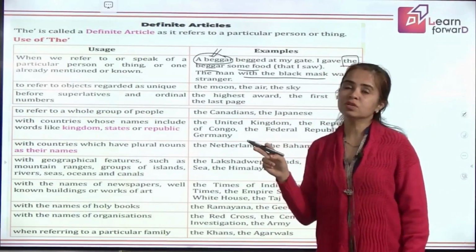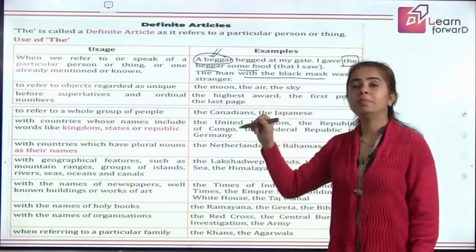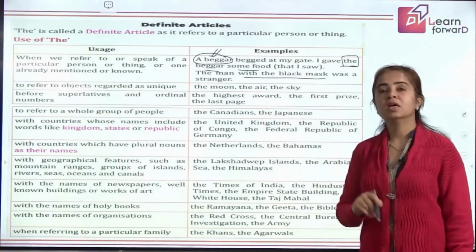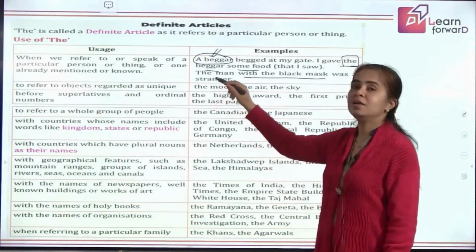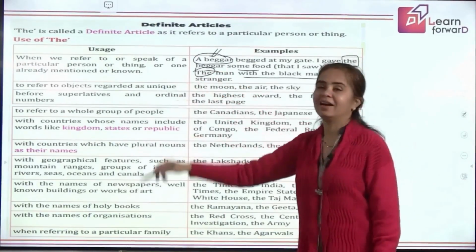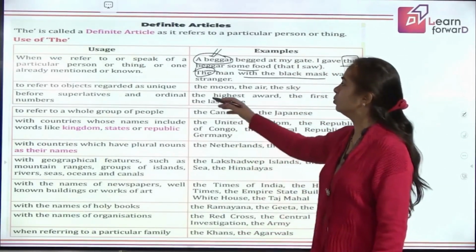Yes, of course, I am not talking about a man in general. I am talking about that particular man who was with the black mask. So he becomes particular, he becomes definite, and that's why we are using the article the here. It's the definite article.